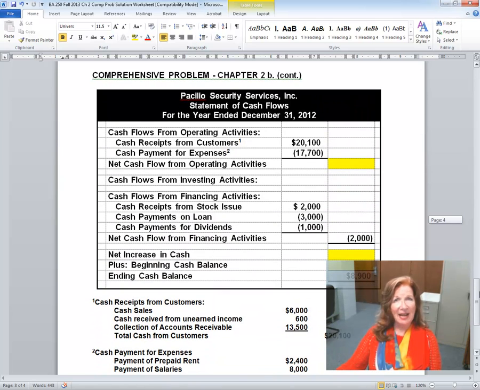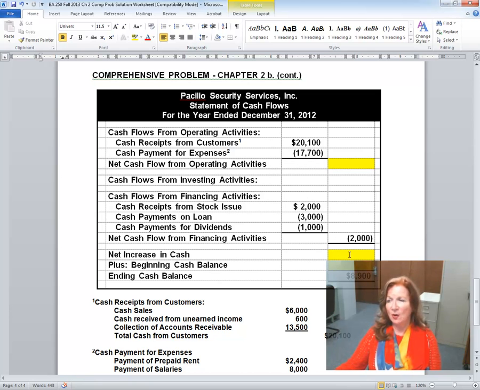Now the statement of cash flows has cash from operating activities, cash from investing activities, and then cash from financing activities. In this particular case, we have no investing activities. They didn't buy anything, so there's no number there. But it does have operating activities and financing activities.